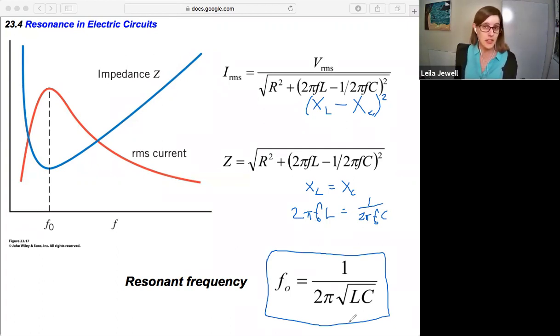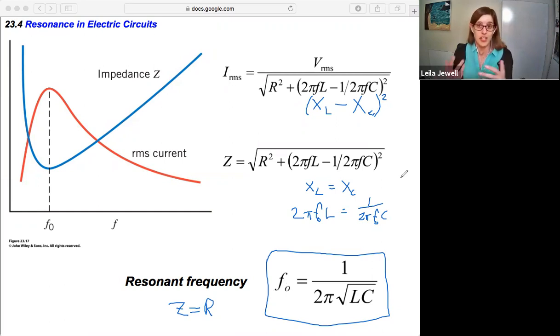The resonant frequency doesn't depend on the resistance. It just depends on the inductance and the capacitance. And you can tune those to get a very particular resonant frequency out, which is very convenient. Then the overall impedance at this resonant frequency is just equal to the resistance, because XL and XC have canceled each other out.